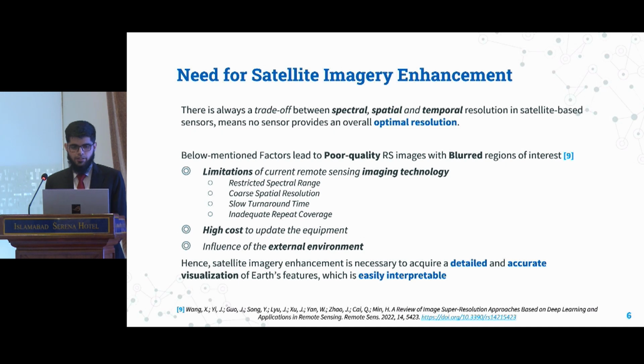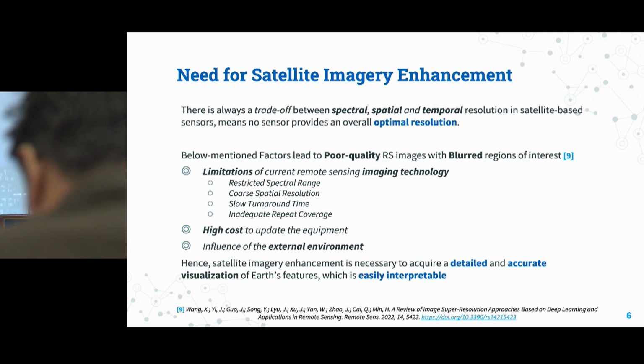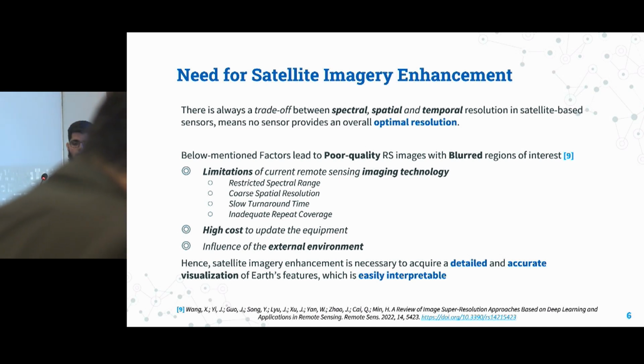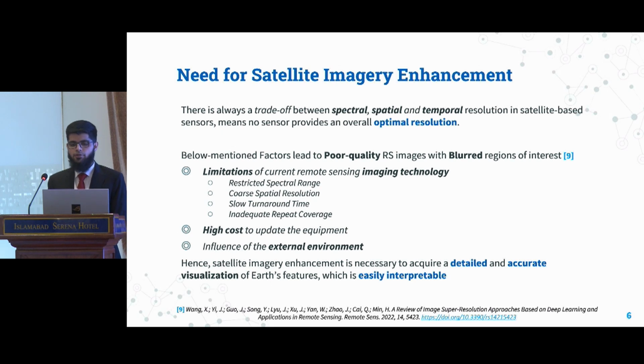So the question arises, why is there a need for satellite imagery enhancement? Well, as I told earlier, there is always a trade-off between different resolutions like spectral, spatial and temporal resolution, and it means that no specific sensor provides an overall optimal resolution. Here are some of the factors which lead to poor quality remote sensing images with blurred regions.